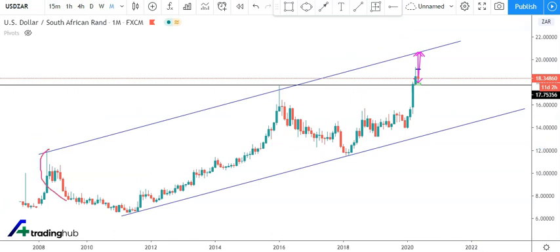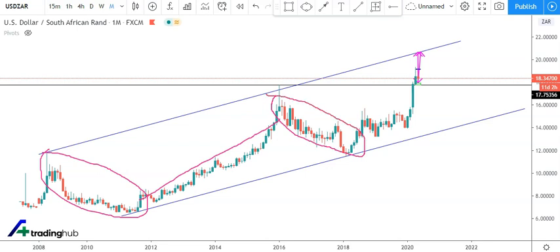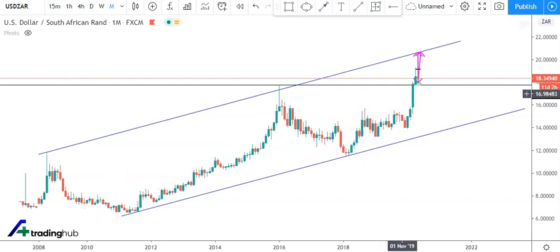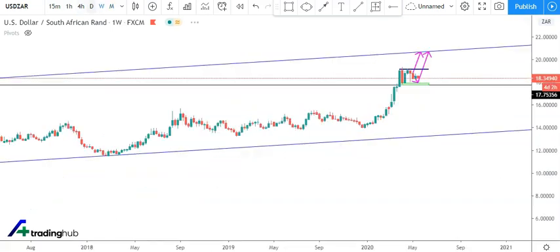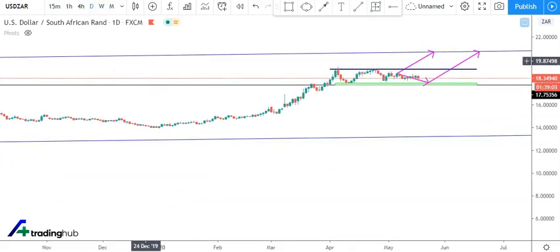See, this was a pullback, a correction, then a very strong impulse, another correction, impulse, a small correction here, then impulse. There is another correction happening at that zone. And where we are having this correction is where we need to start looking for our entry price.